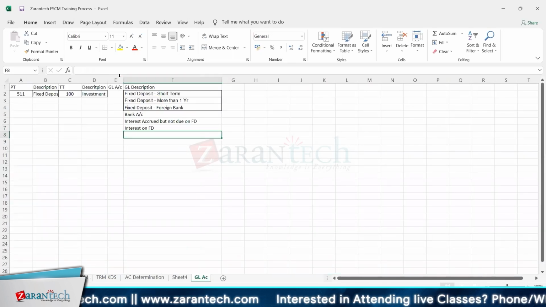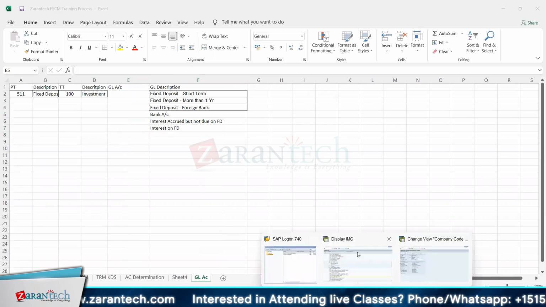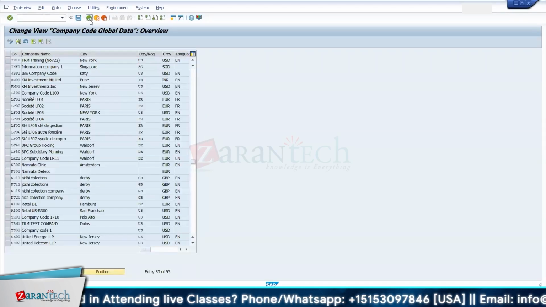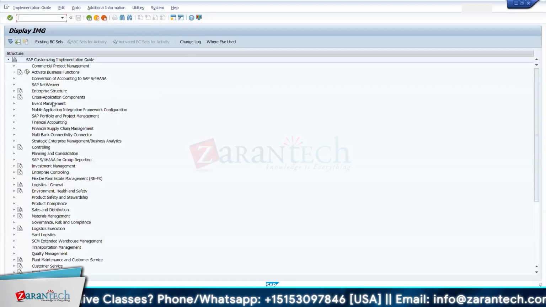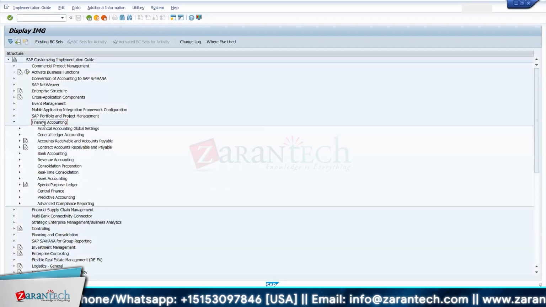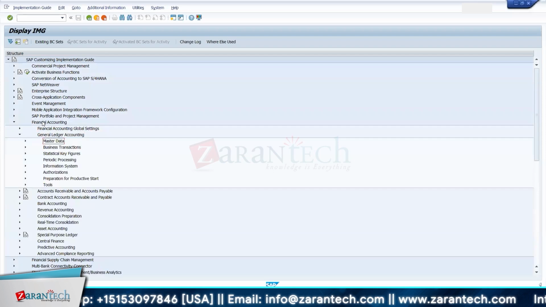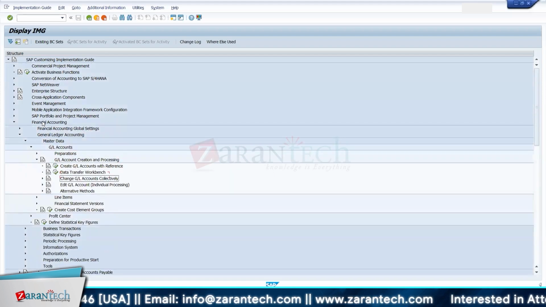Okay. So let's create the GL account. I don't know whether we will go to the first, I'll go to the account group section, because we should have an understanding of what GL account groups have been maintained for this. So for that we should go to the financial accounting, general ledger, master data, GL account creation and processing.